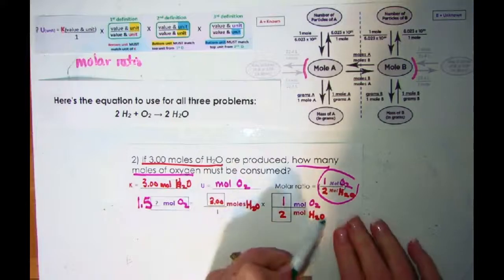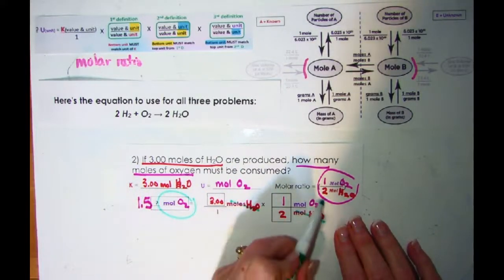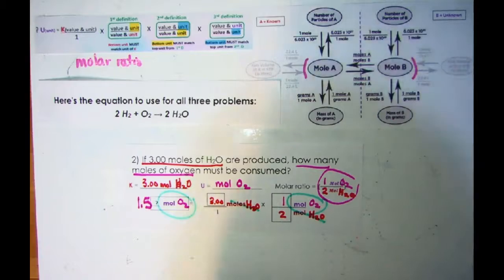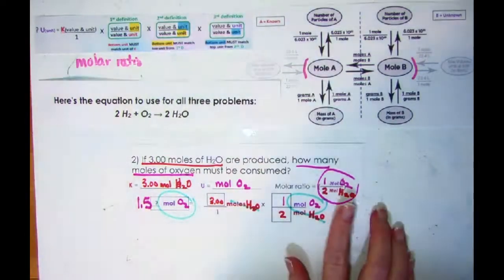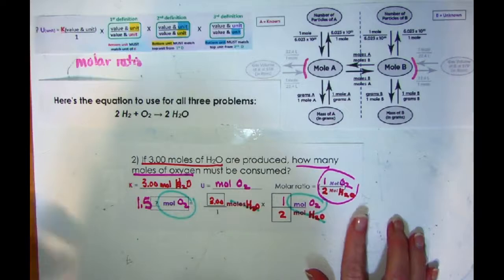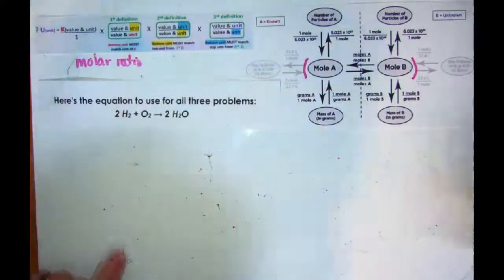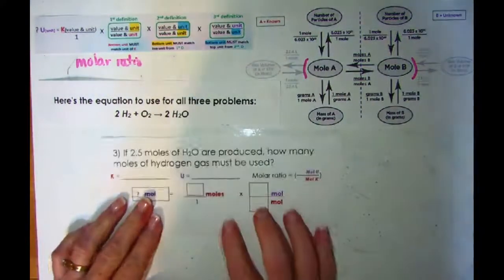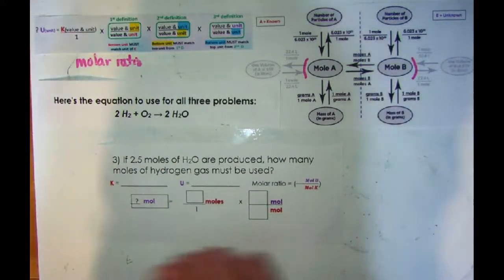We can see moles of water cancel and moles of oxygen match. These are really simple problems. Let me do one more for you, and then your job is going to be to work some of these problems. You've got about 4 or 5 of them that we're going to assign you in the Google form.